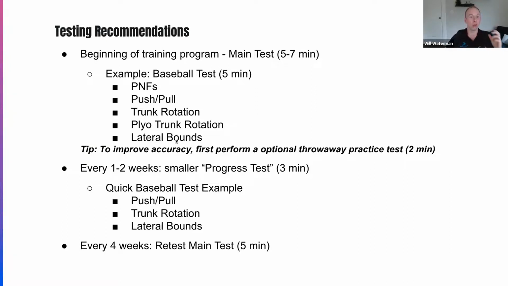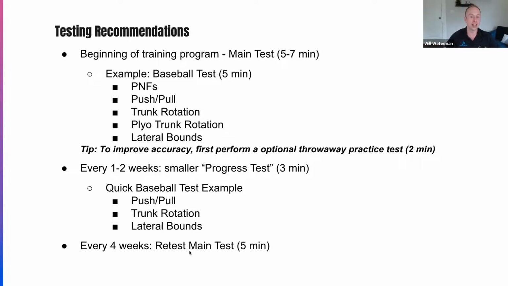Then every 1 to 2 weeks, we recommend doing a shorter version, kind of a checkup, on some of these same movements. So think about doing a quick baseball test that looks at, say, just push-pull, trunk rotation, and lateral bounds. Something like that will give you an idea of where you need to train or how things are going without going through this longer form test.